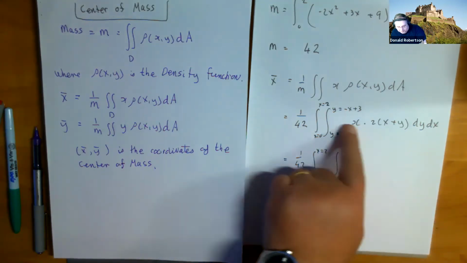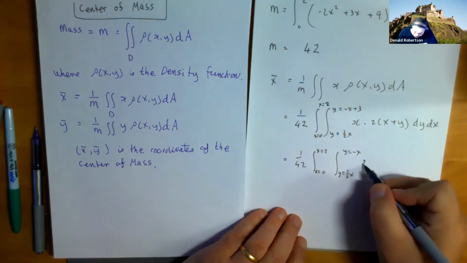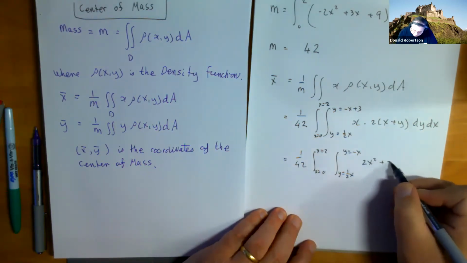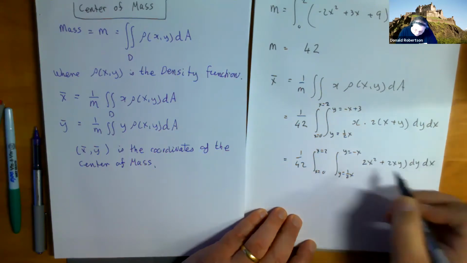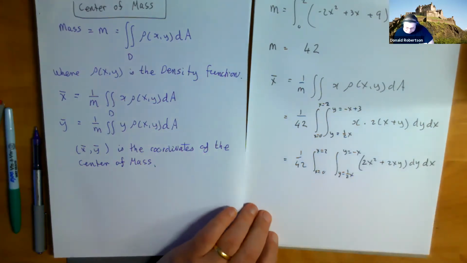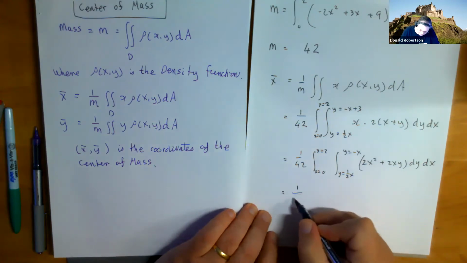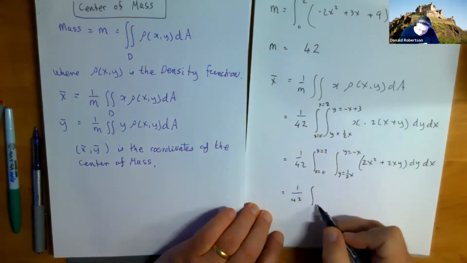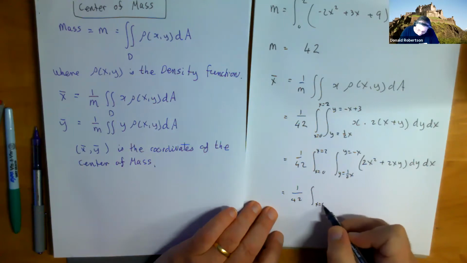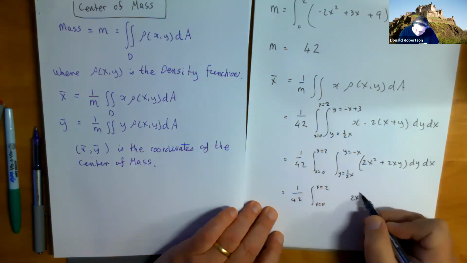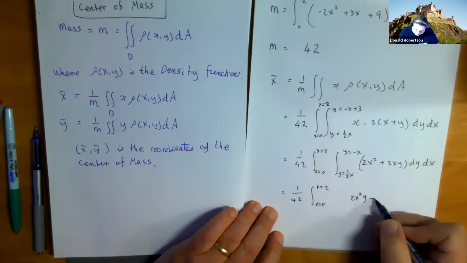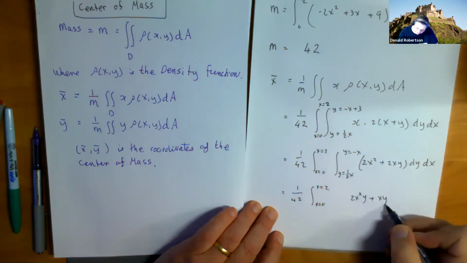And I'm just going to multiply this all through. So what do I get? I get 2x squared plus 2xy, dy dx. This guy gets you 2xy. And this guy, I believe, gets you xy squared.